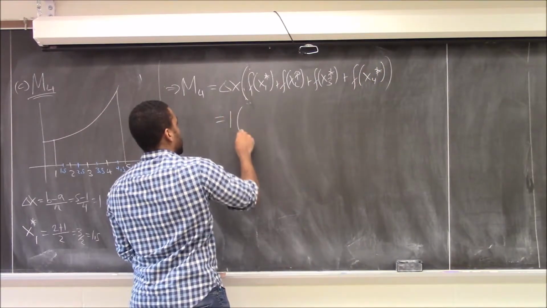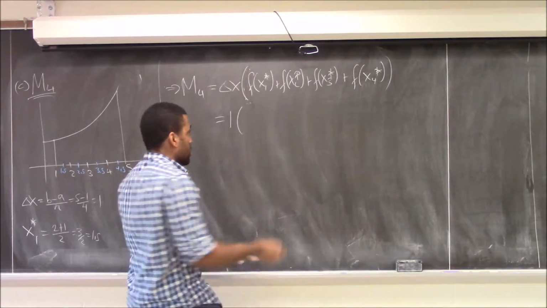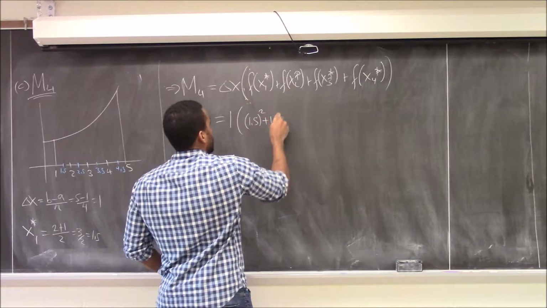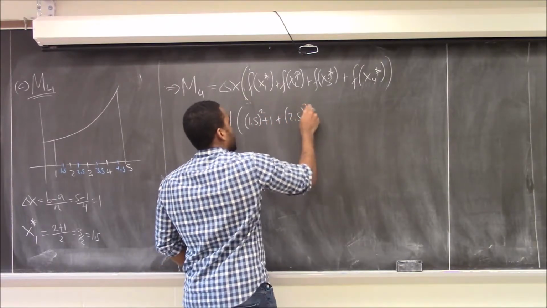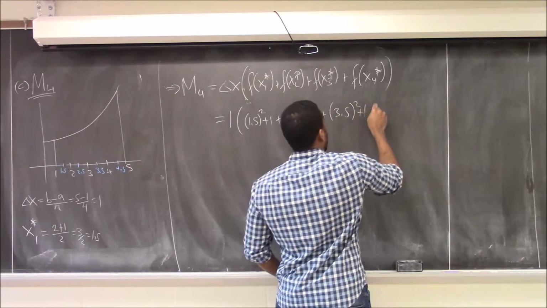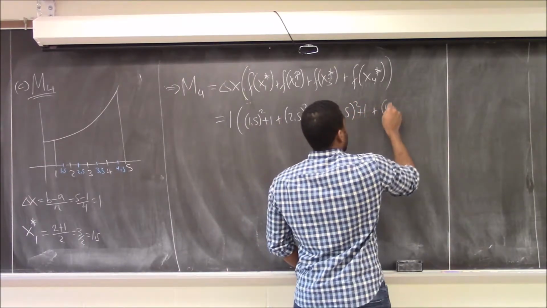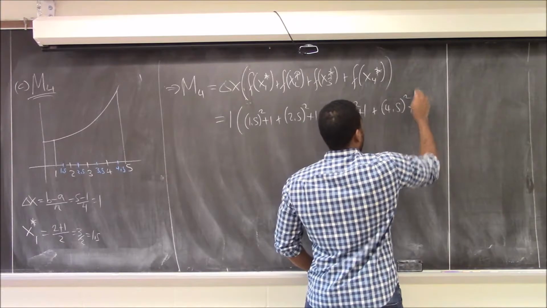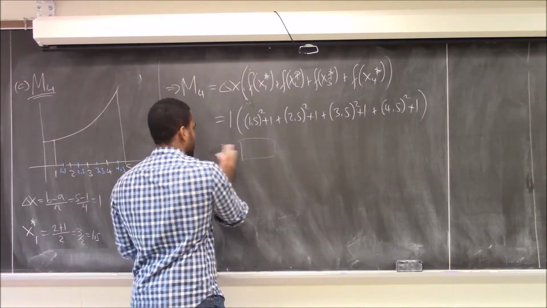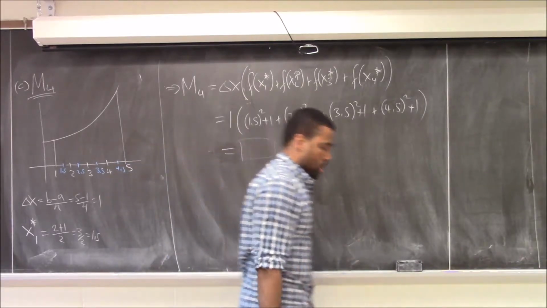That was going to be slightly more annoying, but on a test you have a calculator, it wouldn't be too bad. So it's 1.5 squared plus 1, 2.5 squared plus 1, 3.5 squared plus 1, and 4.5 squared plus 1. You add those together and whatever. And that would be your approximation.